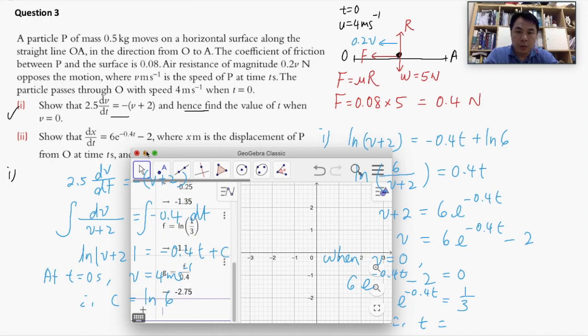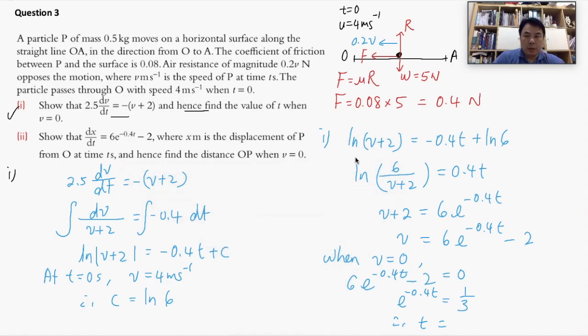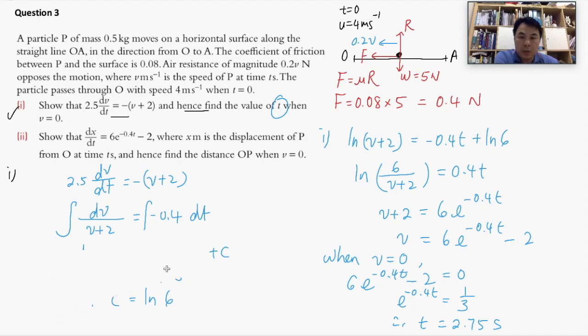Okay, 2.75. So this is 2.75. Let me write that, 2.75 seconds. And hence we have found the value of t when velocity is equal to 0. Okay, so I hope that is clear. Right. Okay. So I'm going to erase all this.